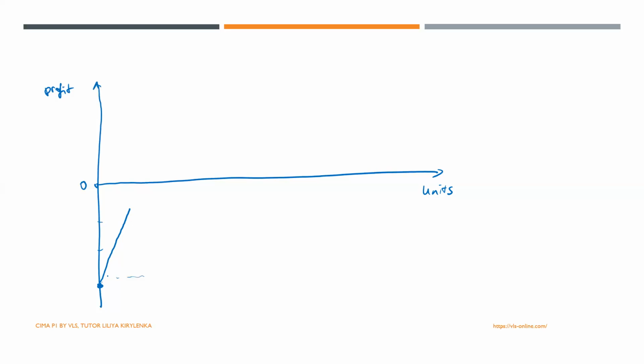The angle will be higher. The gradient will be higher. So it's going to be more vertical. Then we will start producing the next product, which also has a high gradient, but not as high, like the second best. And then finally, the last one.